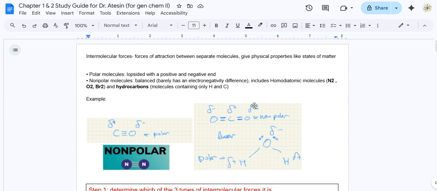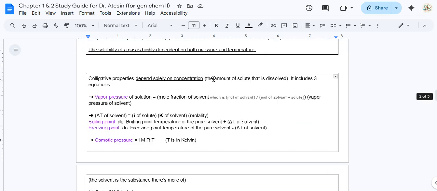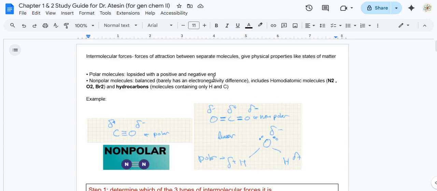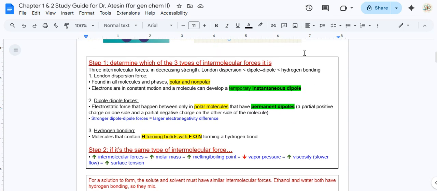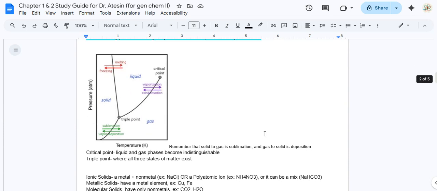And now that we learned everything, chapter 1 and chapter 2 is honestly pretty short. These you hopefully can understand already. This equation, you don't really need to understand it. You just need to somewhat know how to use it.